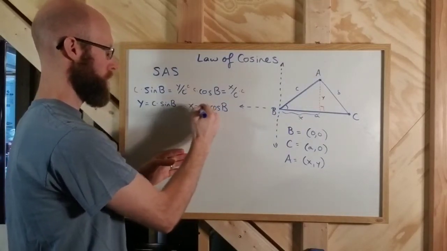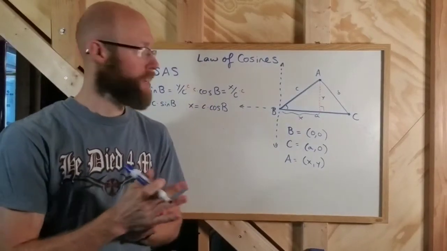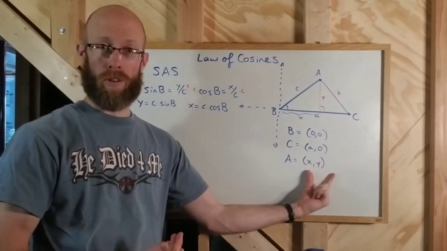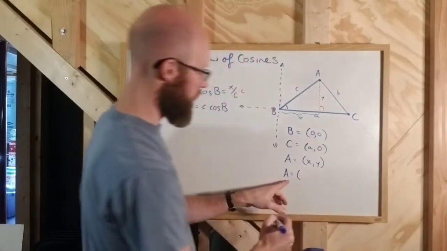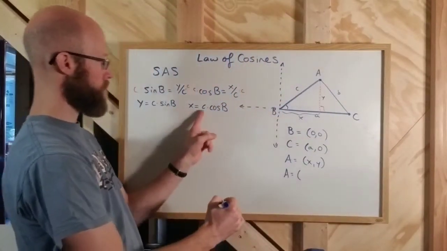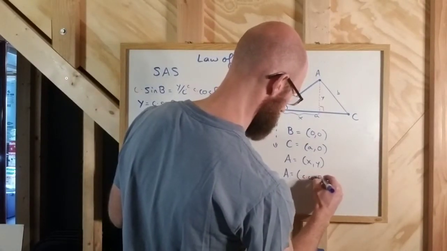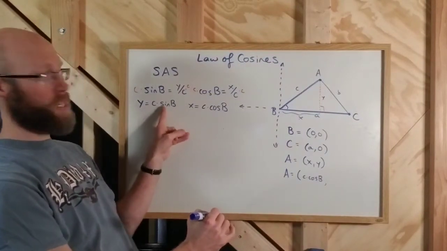It's supposed to be little c. There we go. So little c sine B, little c cos B. All right. So now I'm going to take those two expressions and put them in for my coordinates, so that vertex A not just is xy, but now it's c cos B, c times the cosine of big B, comma, y is c times the sine of big B.